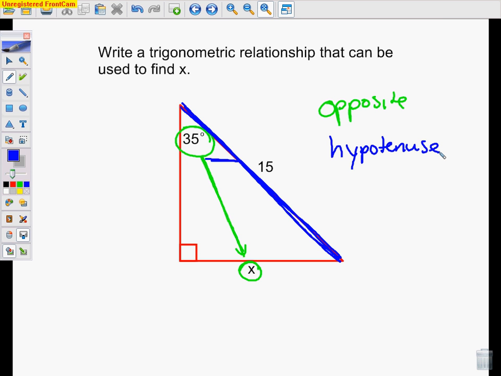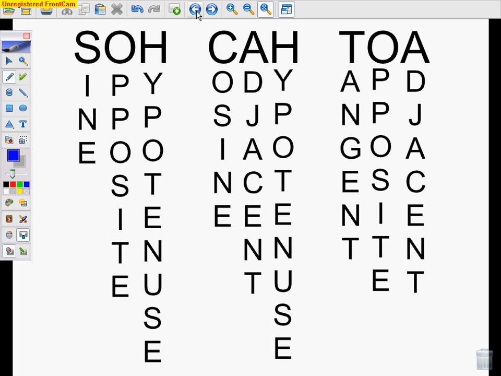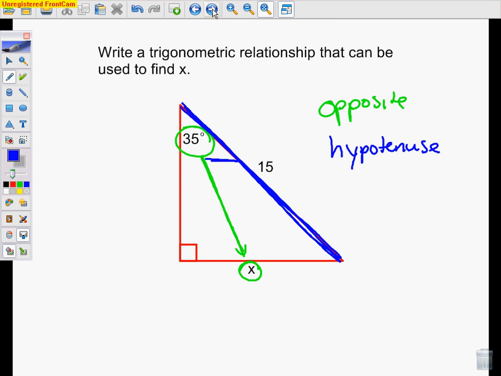Okay. Now, which trigonometric function uses opposite and hypotenuse? Well, let's go back to SOHCAHTOA. Which one of those gives us opposite and hypotenuse? Well, the sine does. So what we can say is that the sine, now we abbreviate sine as just sin, the sine of 35 degrees is going to be the opposite.